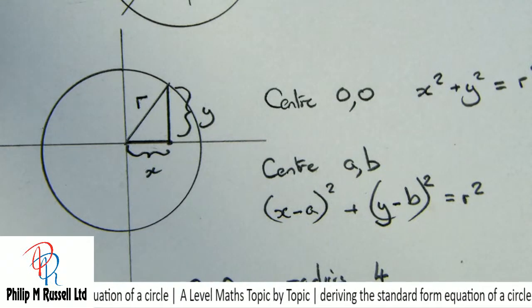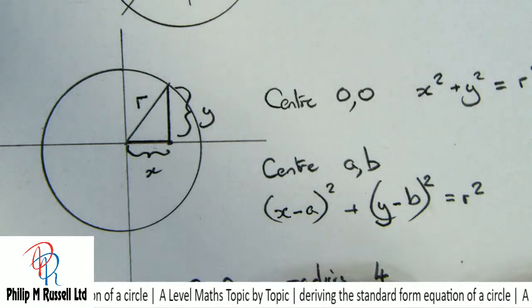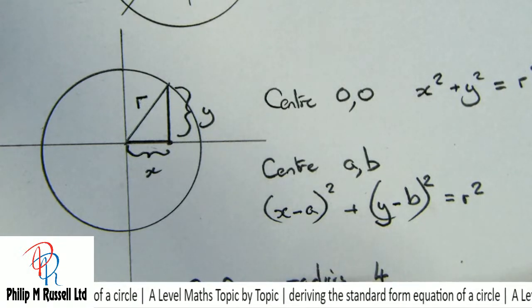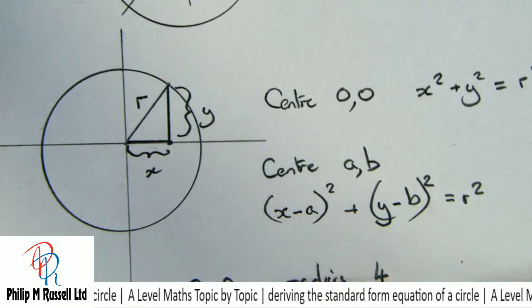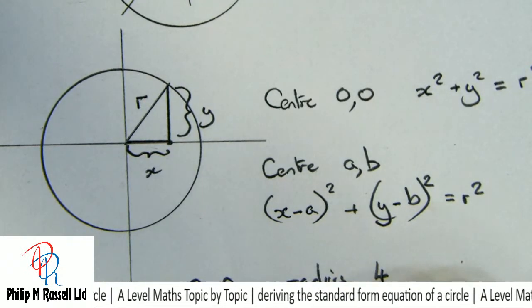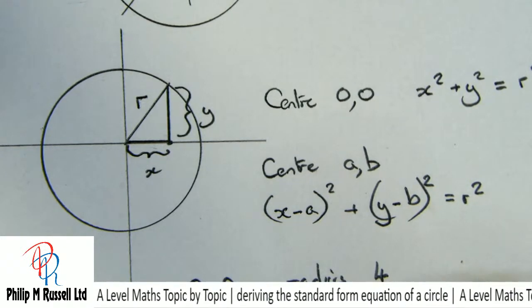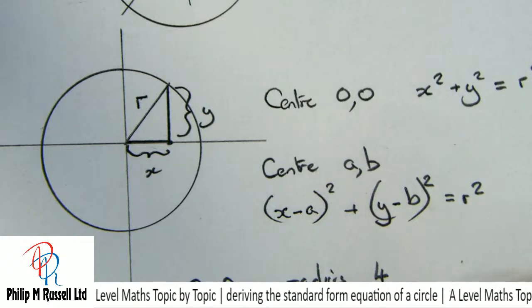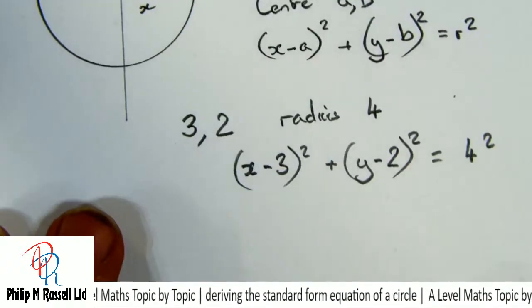Then to work out what this is going to be, it's going to be very easy. It's going to be x minus 3 all squared plus y minus 2 all squared will equal 4 squared. There we go.